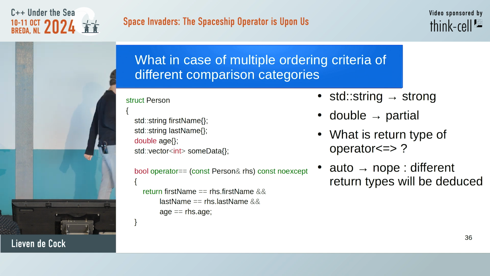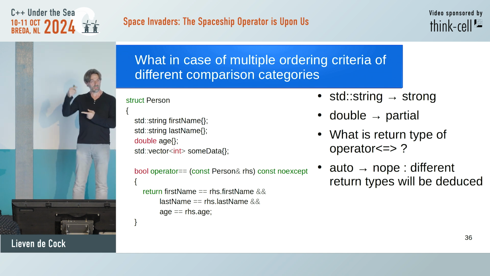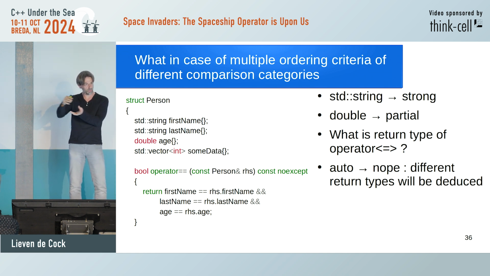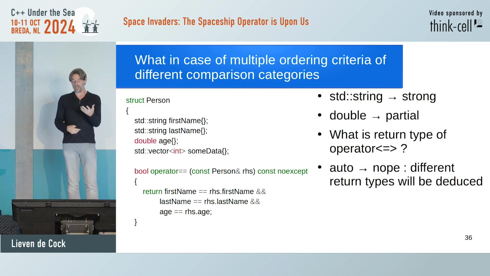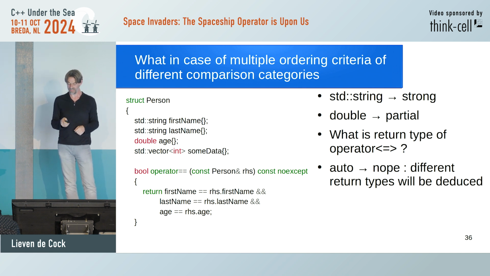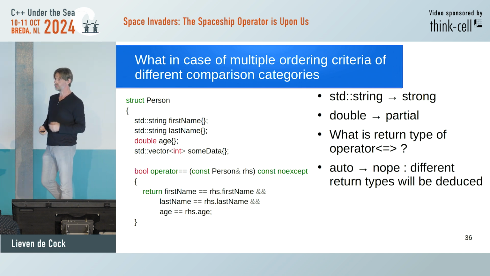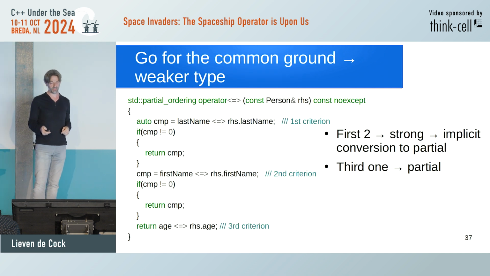Oh, let's not care about it. Auto everywhere. No, won't work, because we have seen in the implementation we have multiple paths where we return, and all of them should return the same type. It will deduce different return types. So on the string it will say strong, and on the other one it will say partial. So that doesn't work. It seems we need to take action and solve it ourselves.